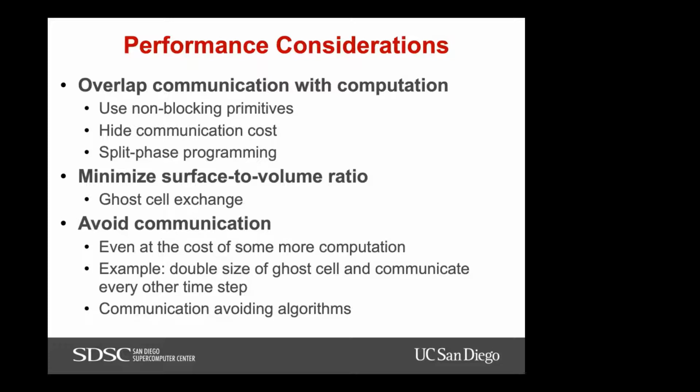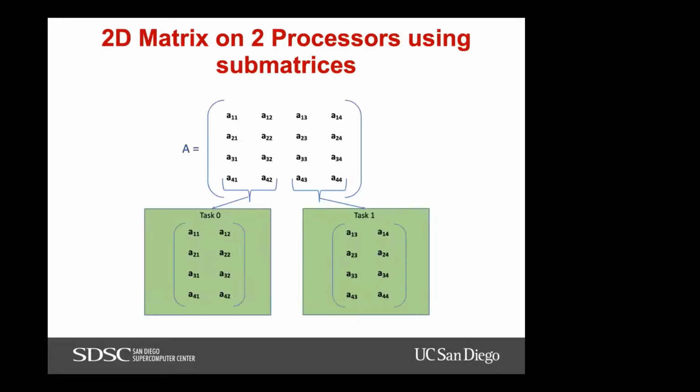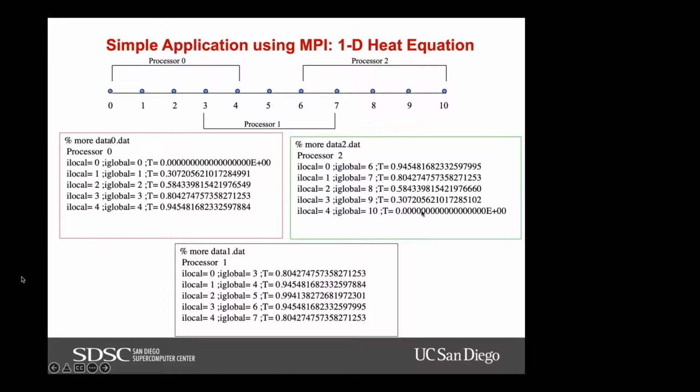One I already talked about. You can overlap the communication with computation, right? So you can use the non-blocking calls that I mentioned. Going back to this problem, technically, if you go back to this processor example, 1, 2, 3 can happen without having to get the values.